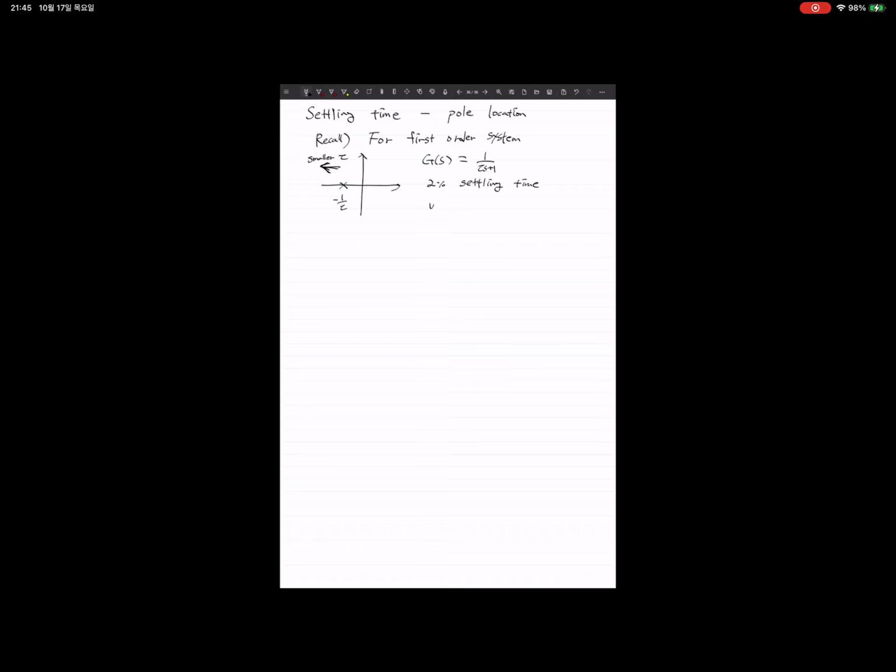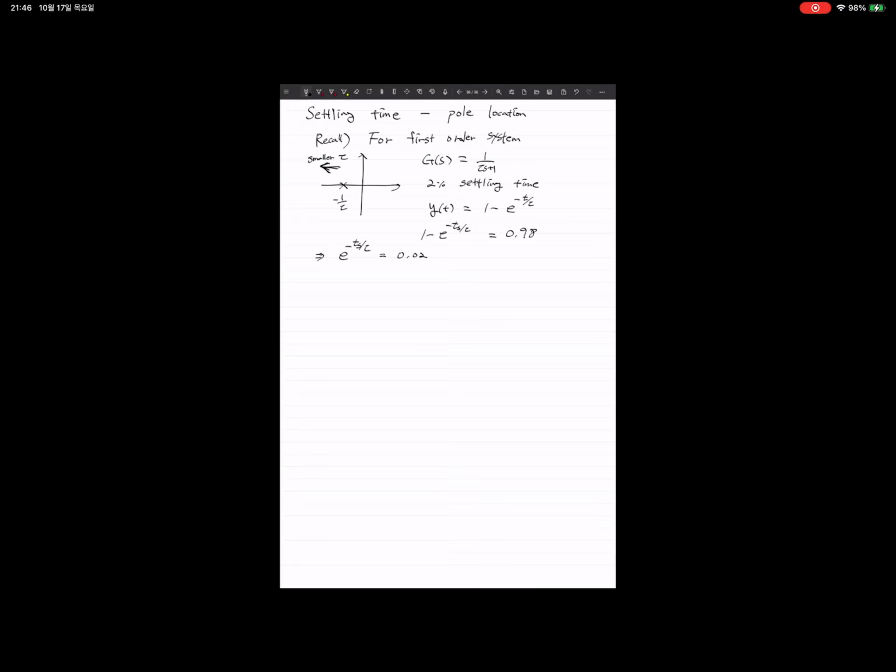So we know that the response of this first order system is 1 minus e to the minus t over tau, and 2% settling time means we want to find the time the response gets 0.98, right? Because that's the definition of the 2% settling time. From here, e to the minus settling time over tau is equal to 0.02.